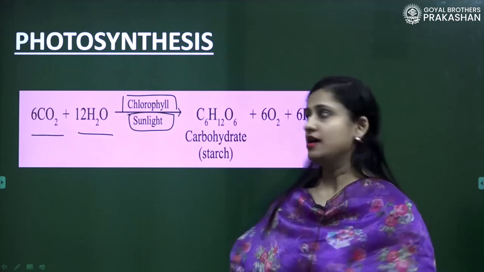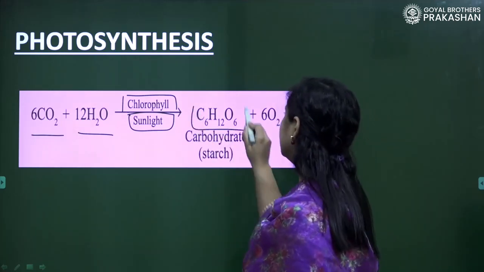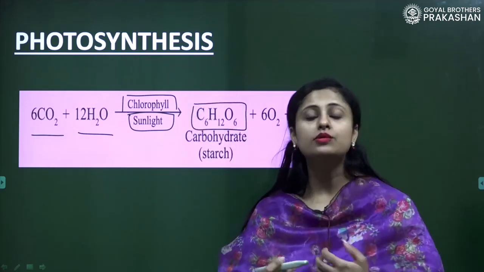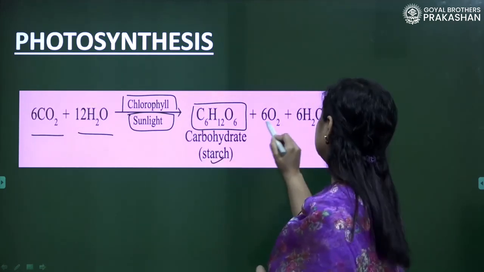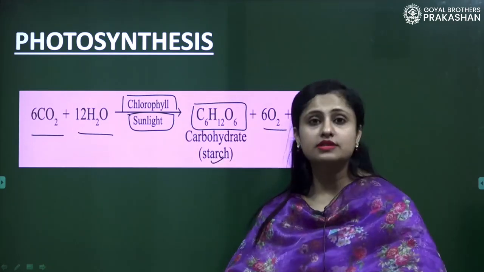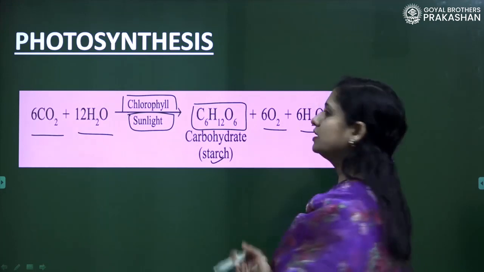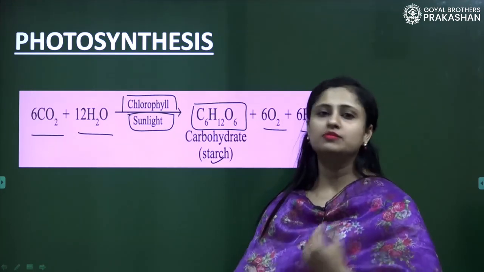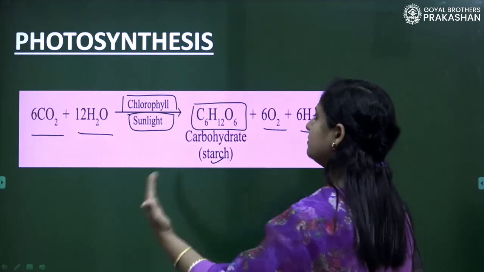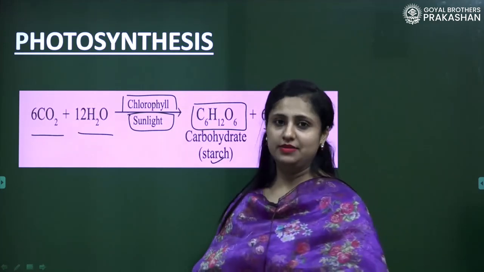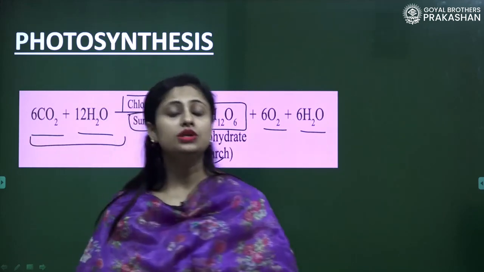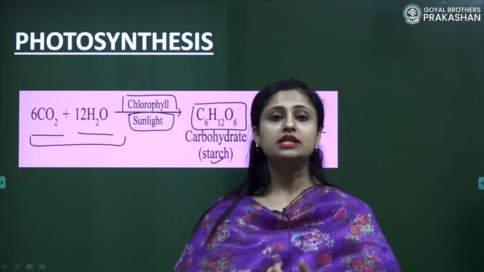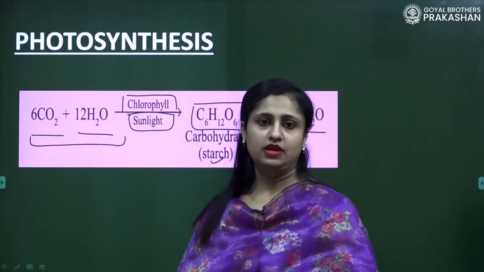Those products are carbohydrate, that is C6H12O6 or starch, plus 6 molecules of oxygen and 6 molecules of water. So in this chemical equation, we can see that these two are the raw materials used by the plants to synthesize food, right?